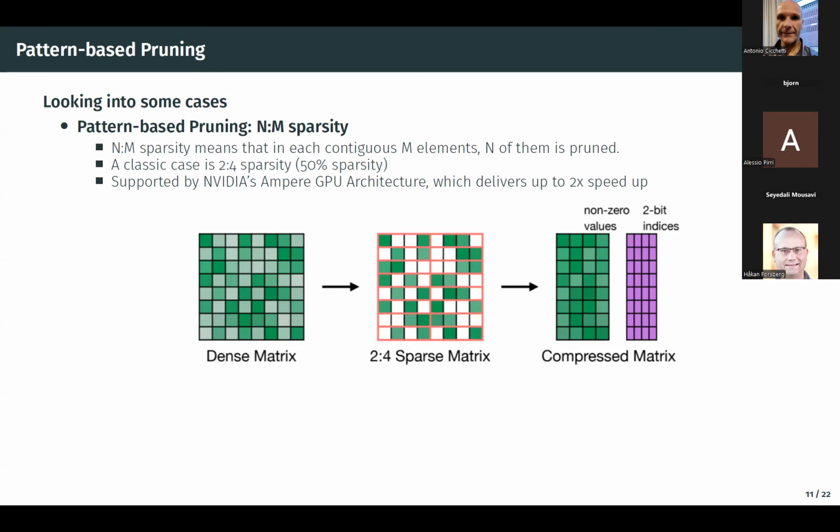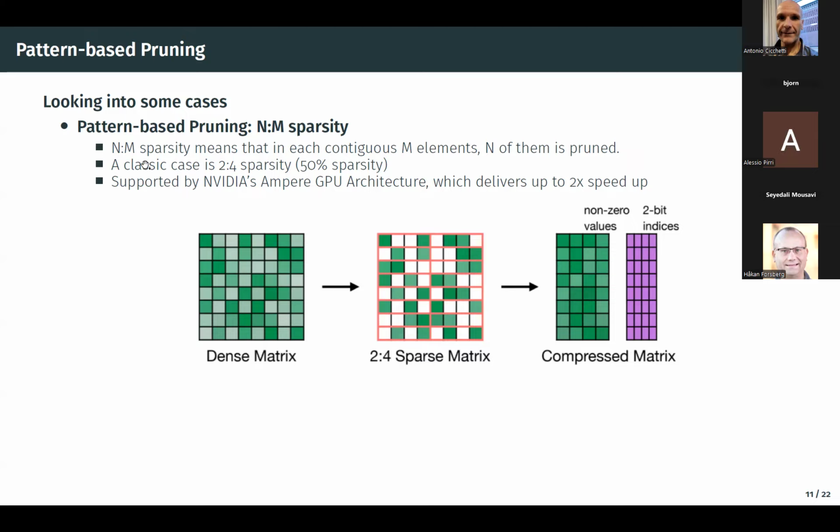So for example, of course, I said the hardware has to support the kind of pattern you choose. For this case, NVIDIA hardware actually has a certain support for sparsity. They introduced this N:M sparsity, which means that for every contiguous M elements, you can prune N of them.